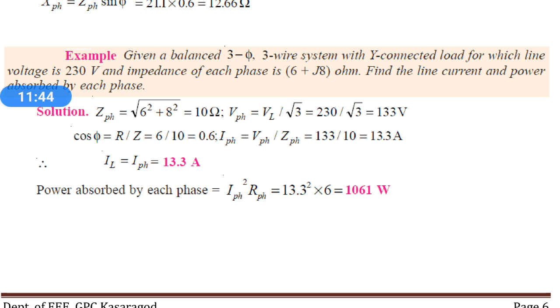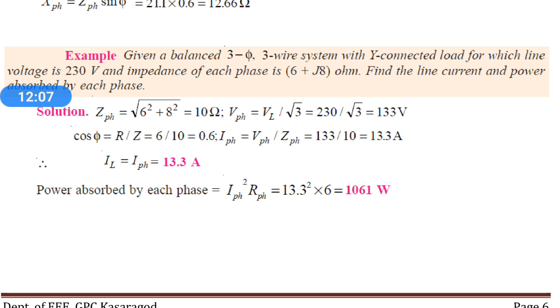So 6 by 10, that is 0.6 is the power factor. Next, I phase equal to V phase divided by Z phase. V phase is 133 and Z phase is 10 ohm. So 133 divided by 10, the answer is 13.3 ampere.